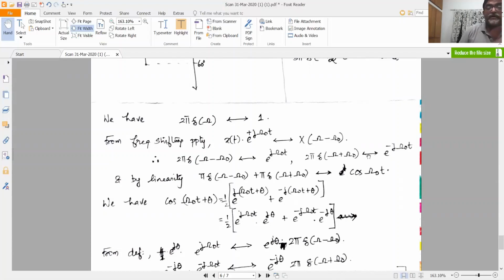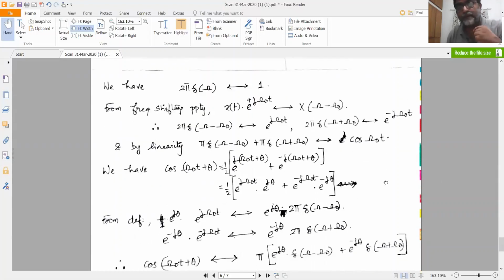Dividing by 2 throughout, pi delta omega minus omega naught plus pi delta omega plus omega naught has as its inverse Fourier transform e raised to j omega naught t plus e raised to minus j omega naught t by 2. So that is cos omega naught t.